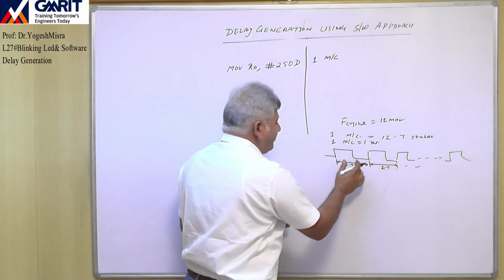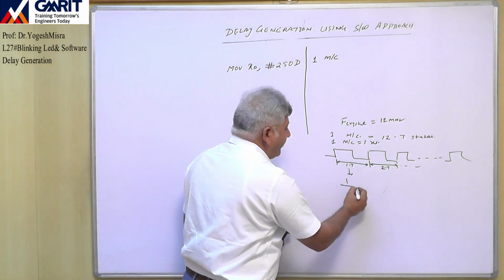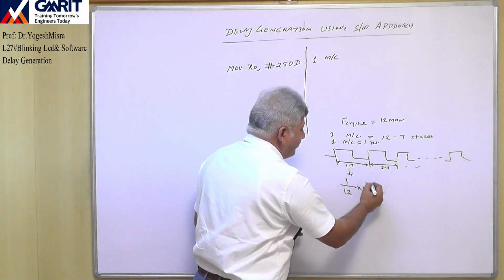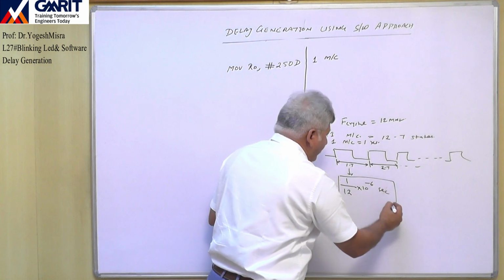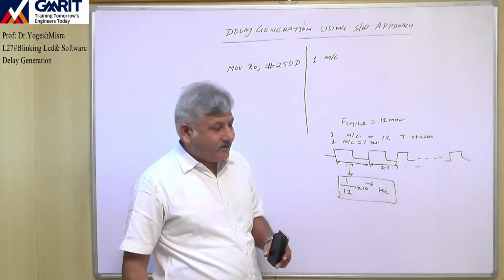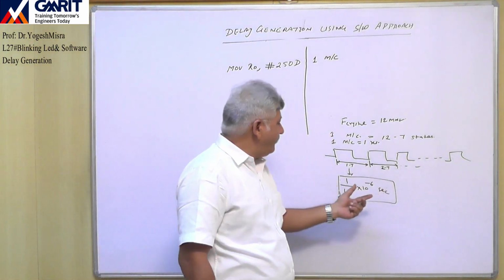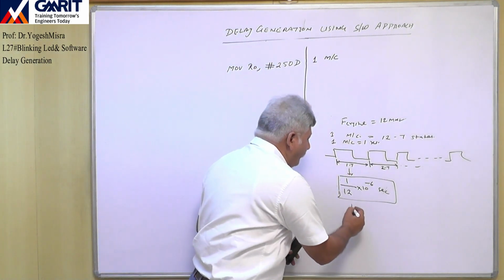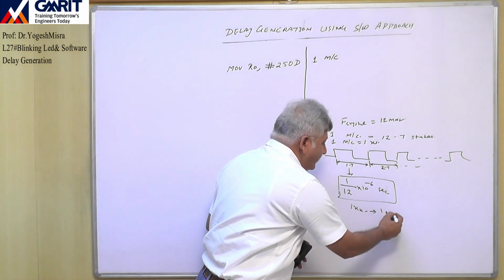In fact, this time period is 1 divided by 12 into 10 raised to the minus 6 second for the crystal of 12 megahertz. And in one machine cycle there are 12 T states. That's why we multiply this by 12, and that's why we got 1 microsecond. 1 microsecond is the time period for one machine cycle.